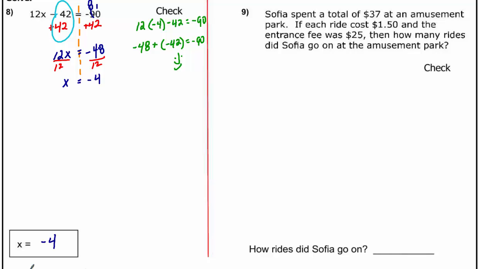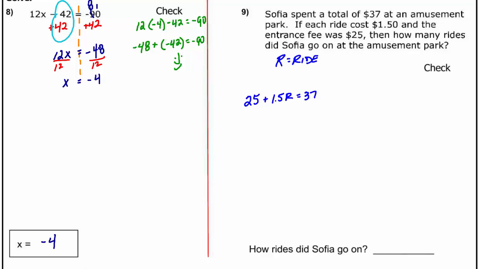Number 9, Sophie spent $37 at the amusement park. If the rides cost $1.50 each and the entrance fee was $25, how many rides did she get to ride? So R will be her number of rides. We know it cost her $25 to get in, plus it cost her $1.50 per ride.